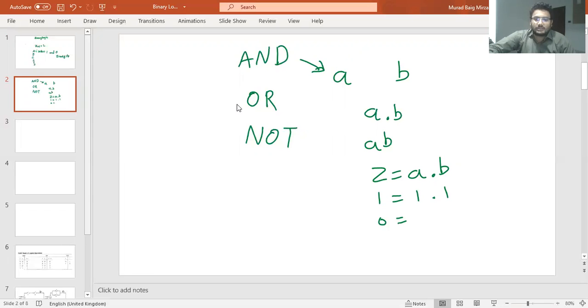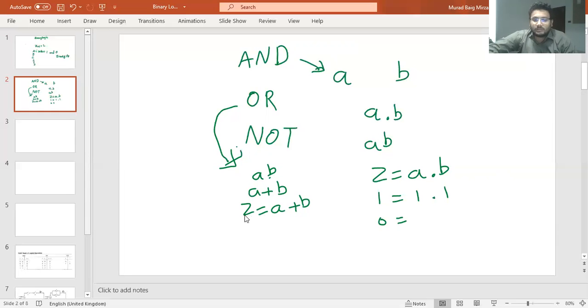Now we will discuss the OR operation. We take the same example. We have two variables A and B. We represent it as A plus B, or A OR B. Let's say we have an equation, Z is equal to A OR B. We can call plus as OR.